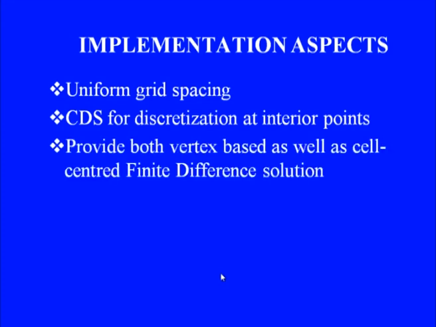And we would now like to provide two options in our code, the one which is based on normal finite difference method, where the vertices of the finite difference cells are our computational nodes, or the other one which we discussed, that instead of the vertices we will consider cell centers as the finite difference grid points.